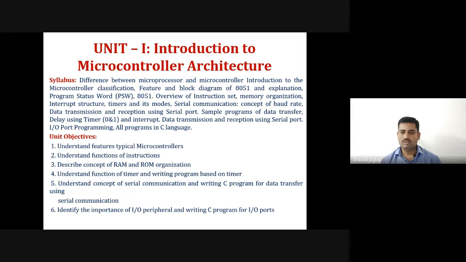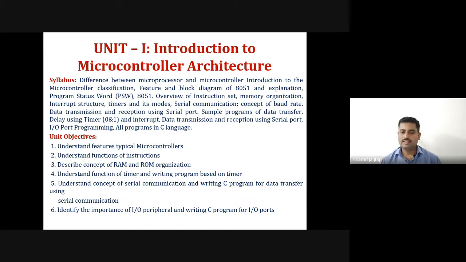Before starting the actual syllabus, we will check the unit objectives. These objectives mean what we have to learn from the first unit. First, we have to understand the features of typical microcontrollers. Then understand the functions of instructions. Describe the concept of RAM and ROM organization. Then understand the function of timer and write programs based on timer.